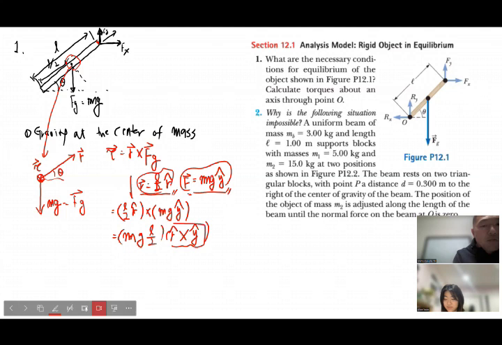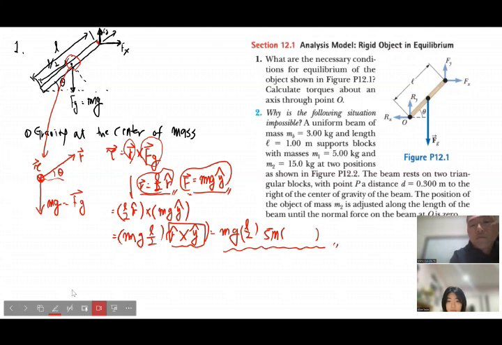So this cross product of the unit vectors is equivalent to mg L over 2 sine. So now let me ask you a question. What angle do you think is between the radial vector r and the gravitational vector Fg? Isn't it just theta?